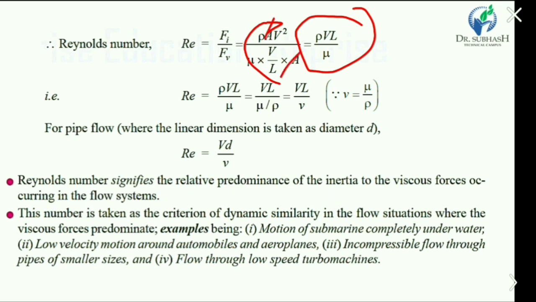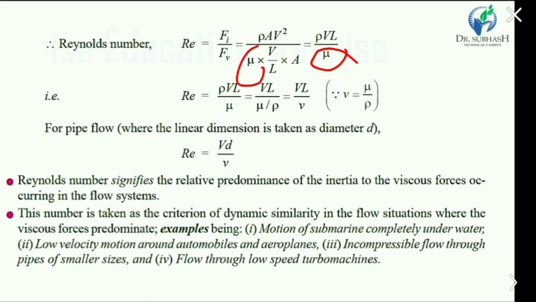So the remaining entity is rho, V, and the length L comes up in the numerator, and in the denominator only mu is there.